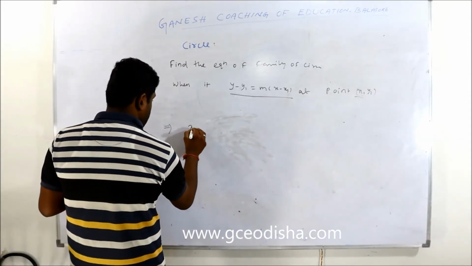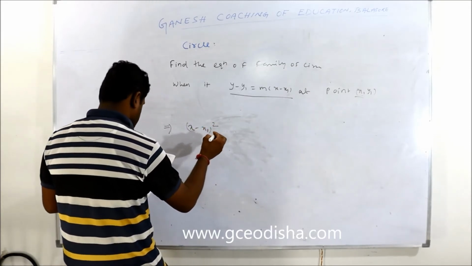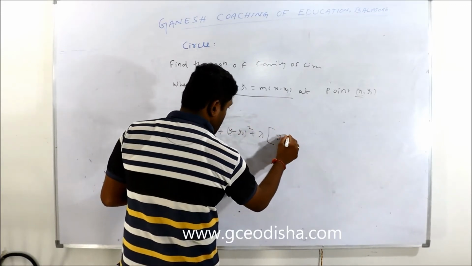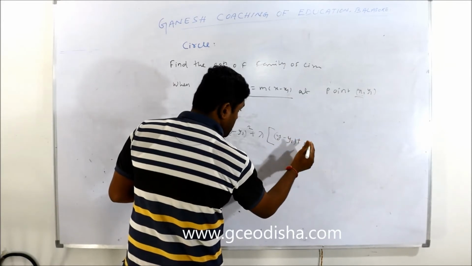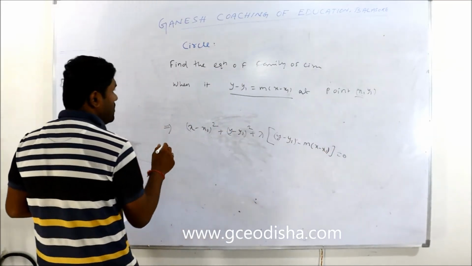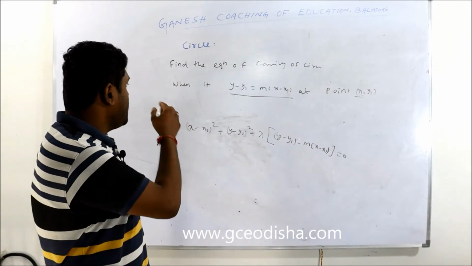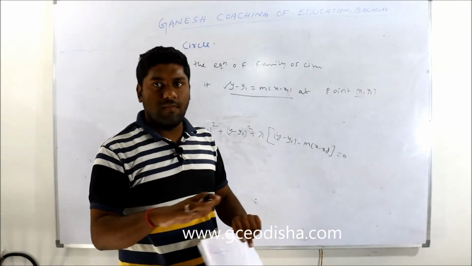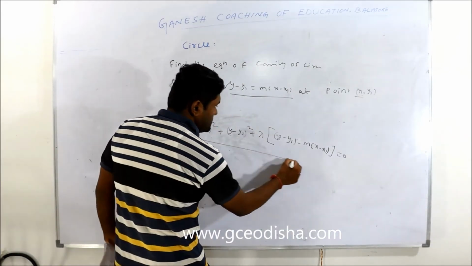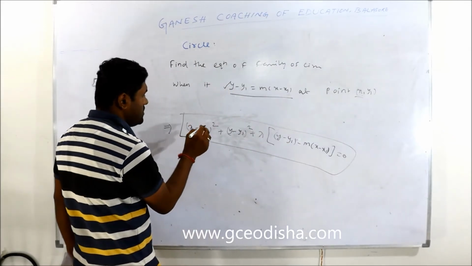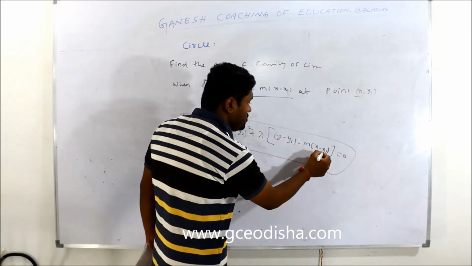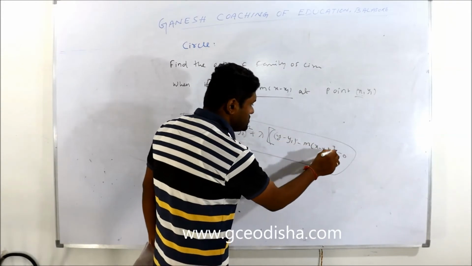There is an easy formula given: x minus x1 square plus y minus y1 square plus lambda into y minus y1 minus m into x minus x1 is equal to 0. They ask to find that one line touches the family of circles at a point P x1, y1. Then the equation of the family of circles is this: x minus x1 square plus y minus y1 square plus lambda into the whole bracket y minus y1 minus m into x minus x1, is equal to 0.